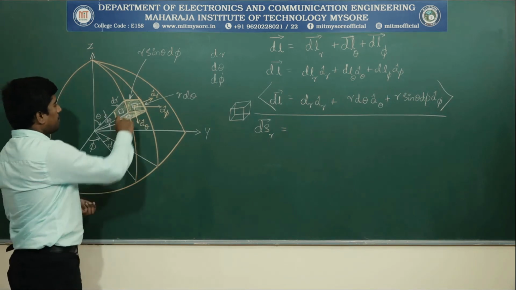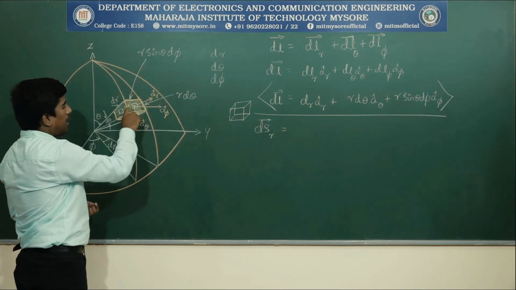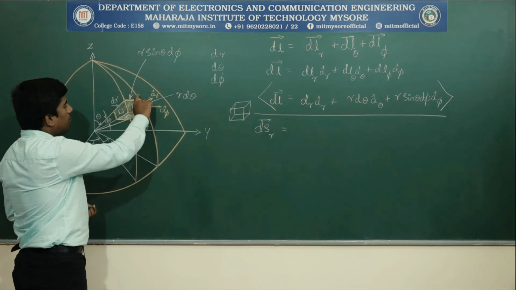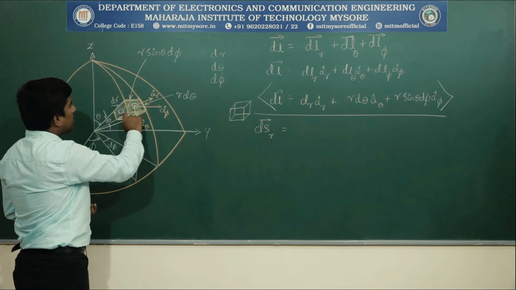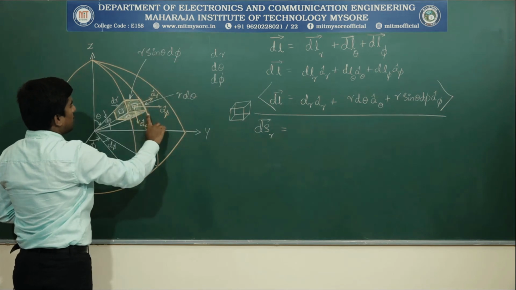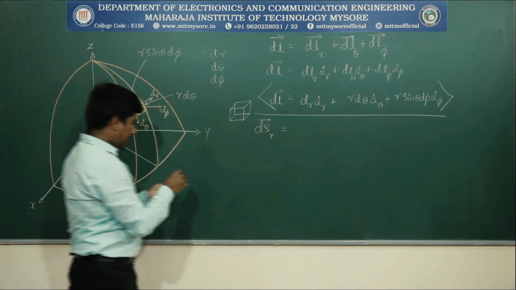Okay. Now in order to obtain differential area along a cap r, since it is a rectangular form, length into breadth. What is this length? This length is equal to r sine theta into d phi. This breadth is equal to, what is this distance? r into d theta.